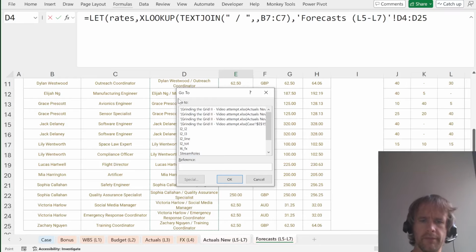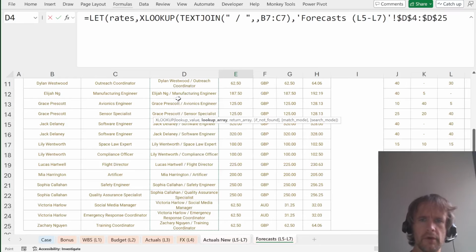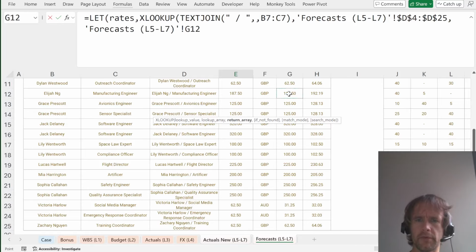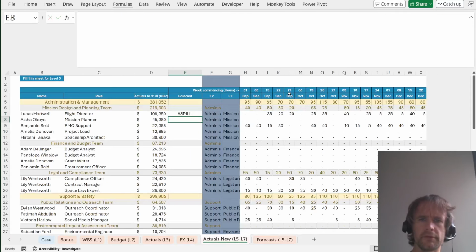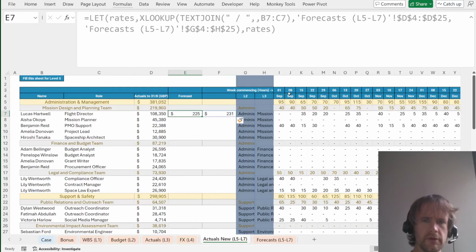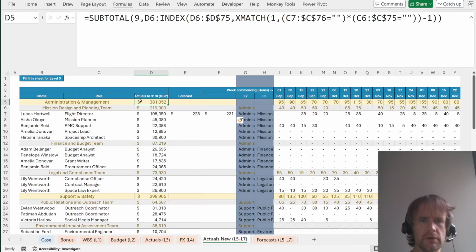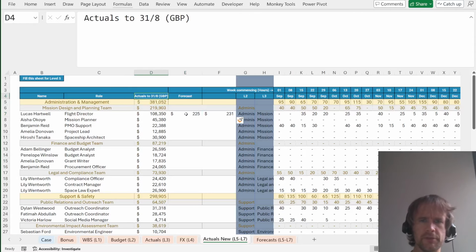Lock. Set off lock. Returning from both of these. Lock. And show me rates for a second. Spill, which is fine. Looks good and plausible. These again formatted as dollar, but it says GBP. That's fine.